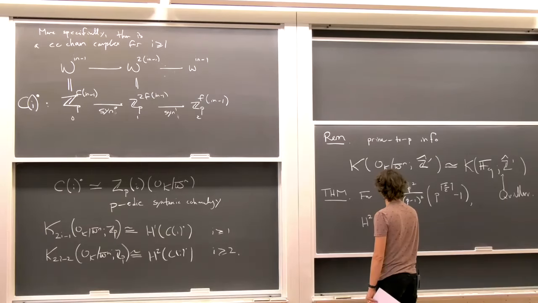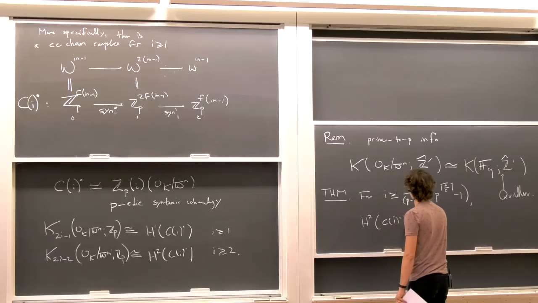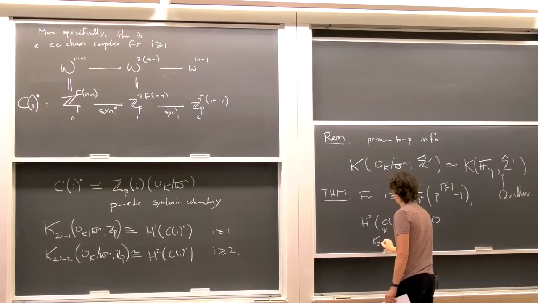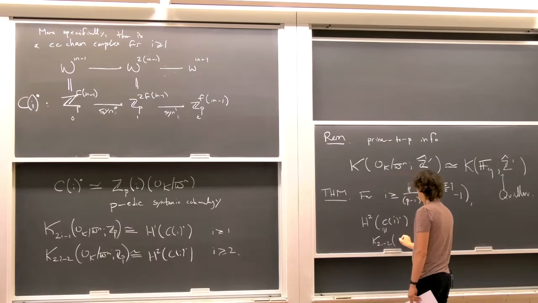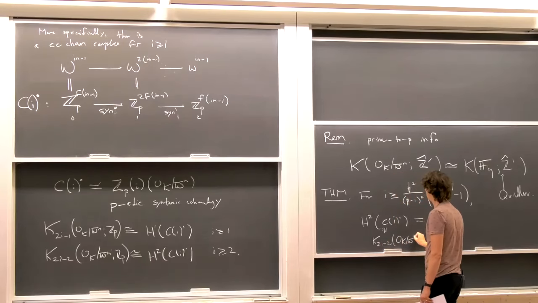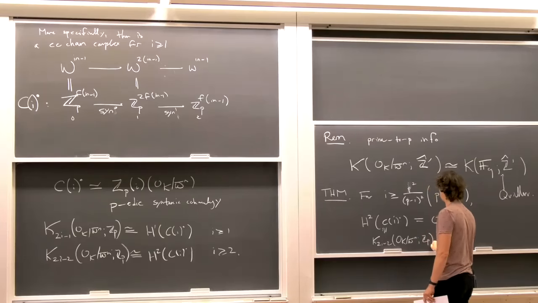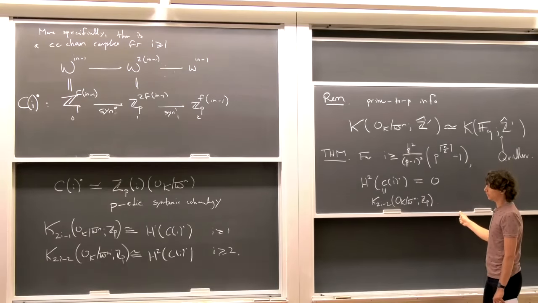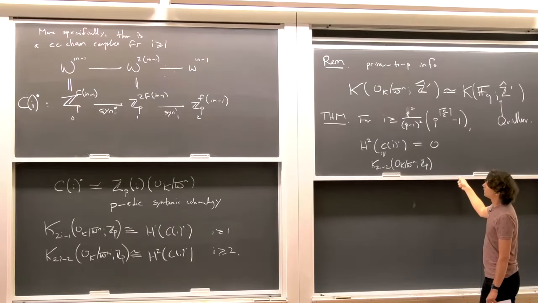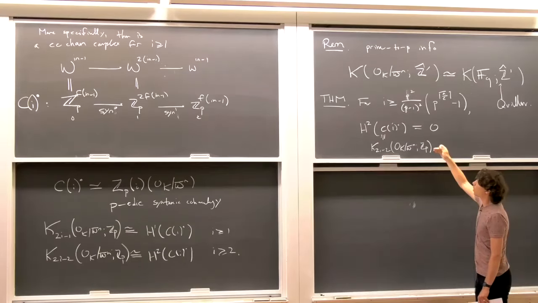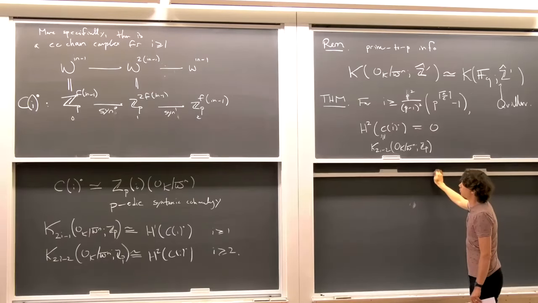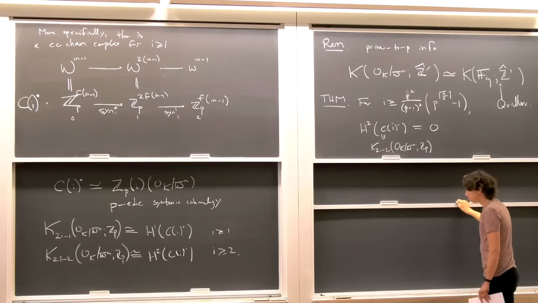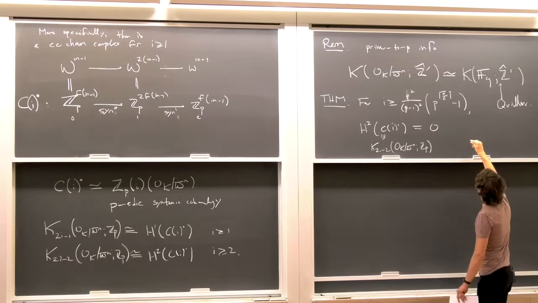So H^2 of C_i bullet is equal to 0. And of course, that C_i is K_{2i-2}. Okay. Somewhat miraculously, there are non-even K groups for these rings, but they all start to vanish at some point. So this is called the even vanishing theorem.